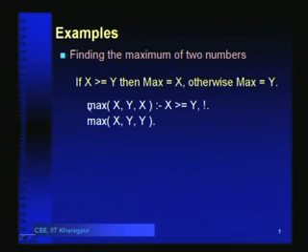So, Prolog is going to try this first and then this. So, if this works, then it is going to cut it there and not try this. If that does not work, then it will try this, and this is always going to work.